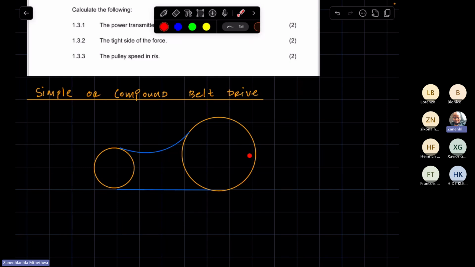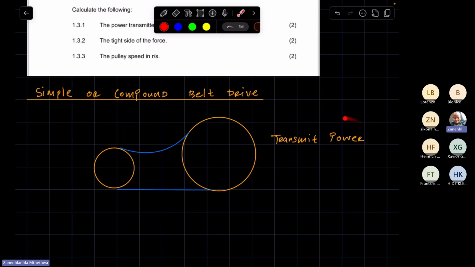So what mechanical drives do essentially is transmit power. We use mechanical drives to transmit power.